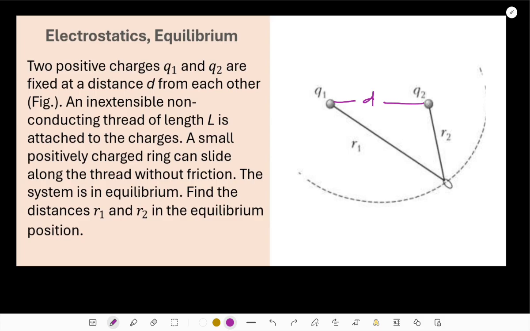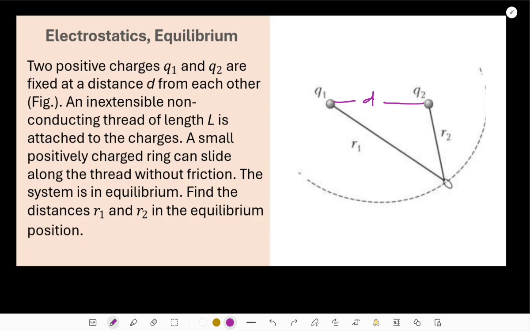The thing is, these two charged particles are fixed, and the ring slides along the thread on a path.